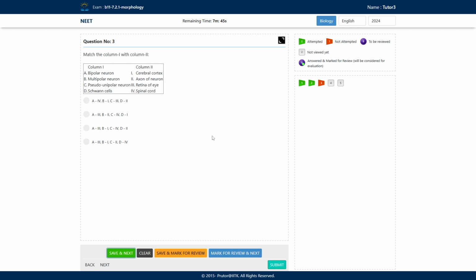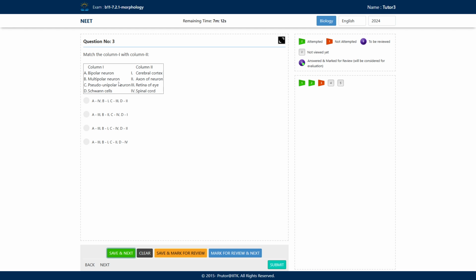Match column 1 with column 2. Let us see what is in column 1: A, bipolar neuron; B, multipolar neuron; C, pseudo-unipolar neuron; and D, Schwann cells. In column 2: first, cerebral cortex; second, axon of neuron; third, retina of eye; and fourth, spinal cord. Bipolar neurons are found in the retina of the eye.